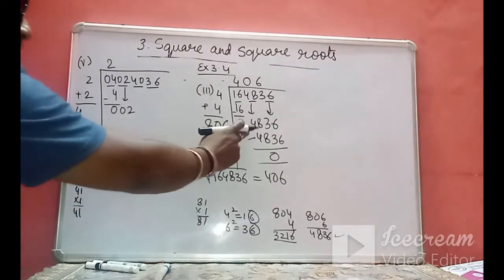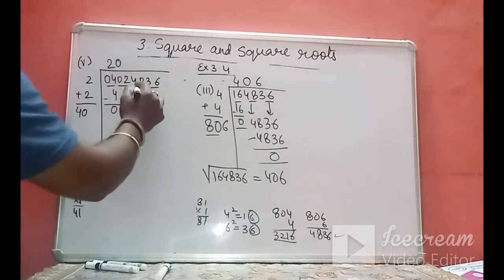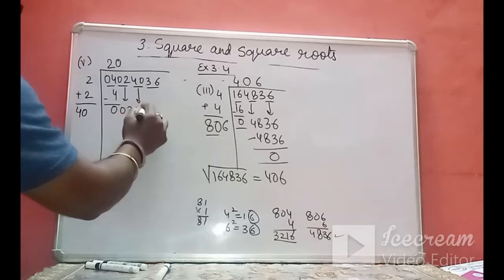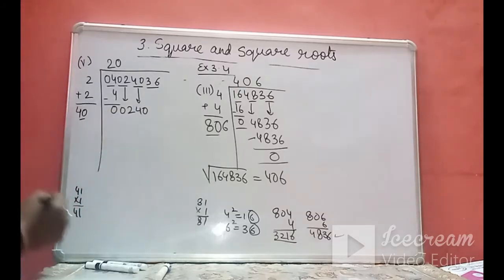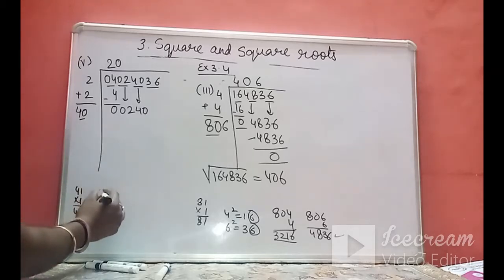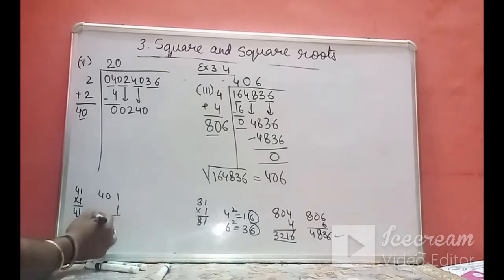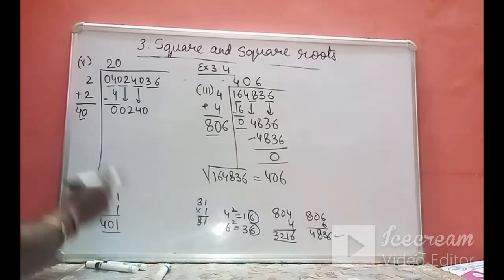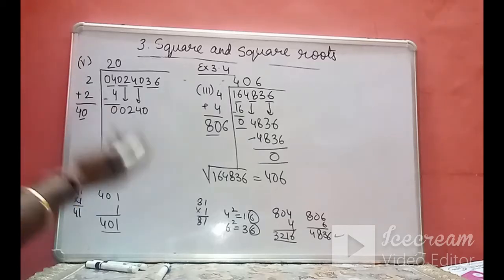So like we have done in this question, I will put a 0 here and a 0 will come here, then this one more pair will come down. So now it becomes 240 and this is 40. Now even if after 40, if you put 1 here, so what you will get? 401. Again this 401 is bigger than this 240.